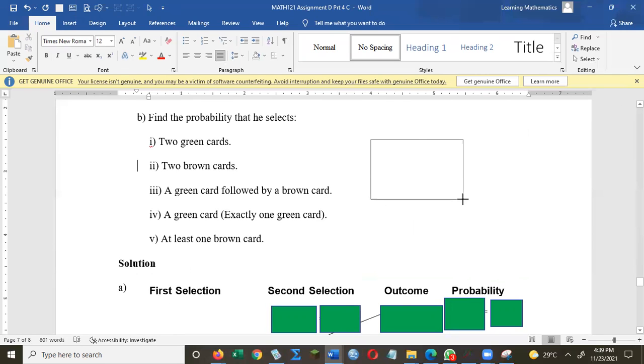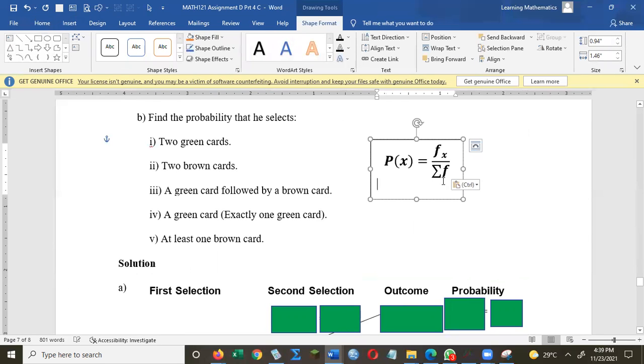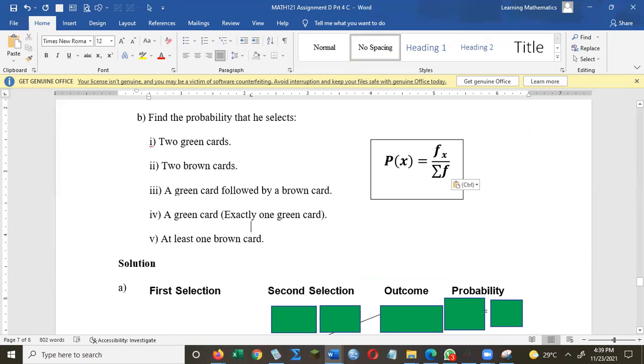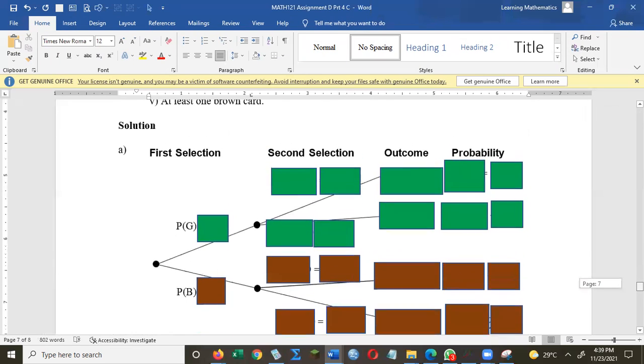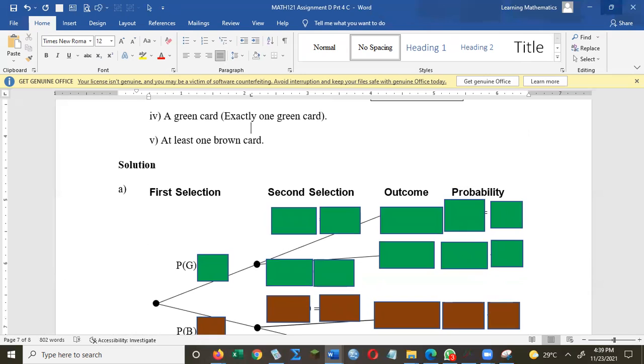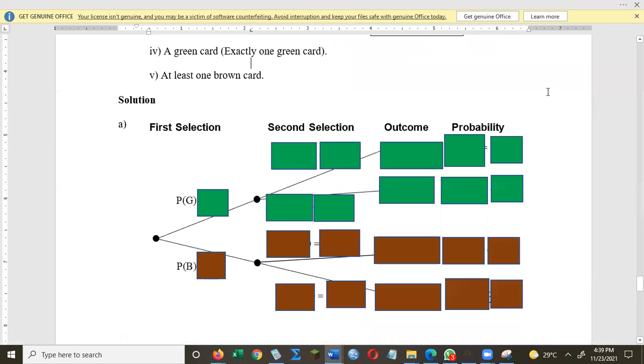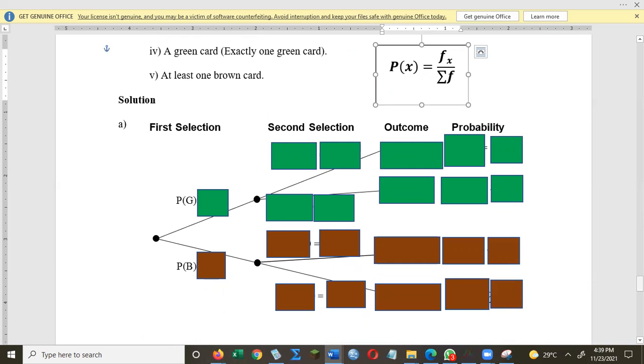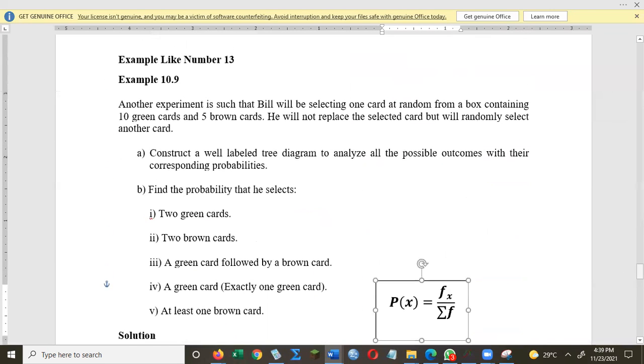So we're going to use this formula, frequency over total frequency, to calculate what is the probability of him getting a green. So in his first selection, there are 10 green cards. So the frequency of green is 10 and the total frequency is 15.